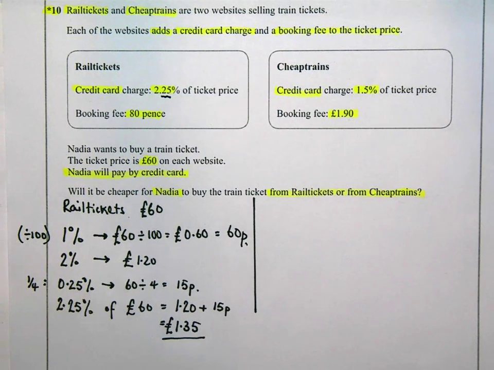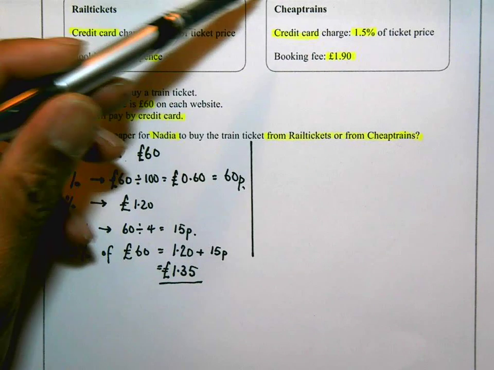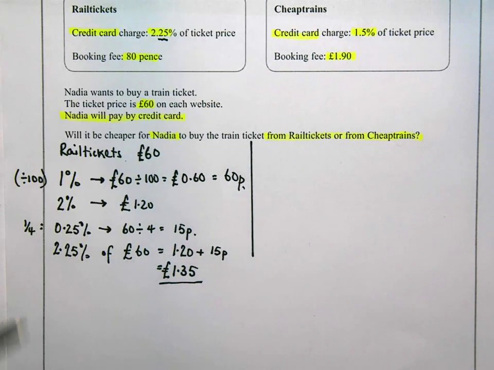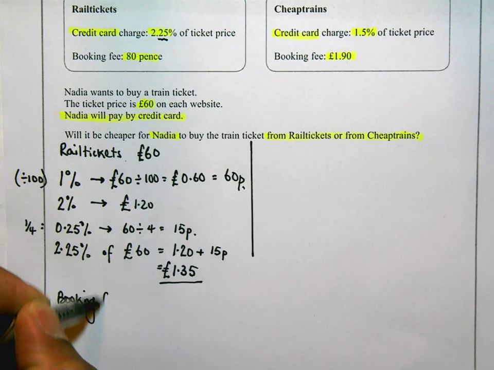For rail tickets, if I just move this up a bit, I have more room now. So the total charge: each website adds a credit card charge and a booking fee to the price. The booking fee in this case is 80 pence.